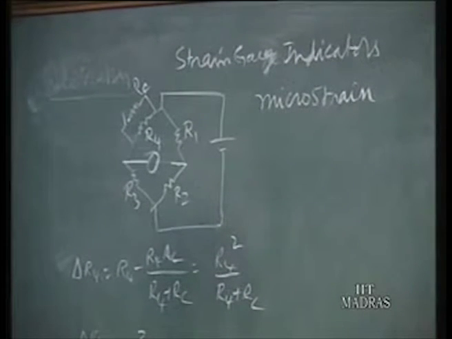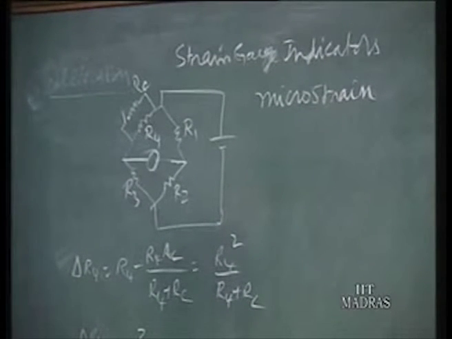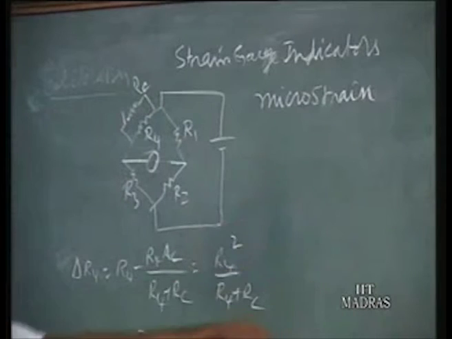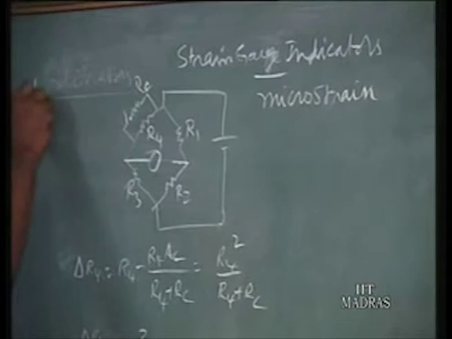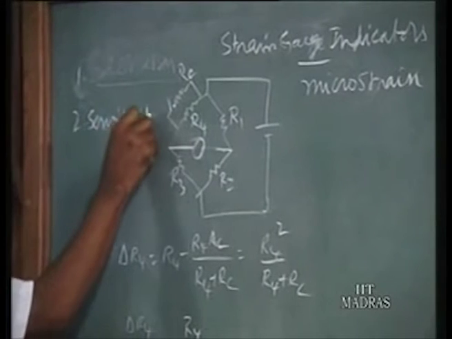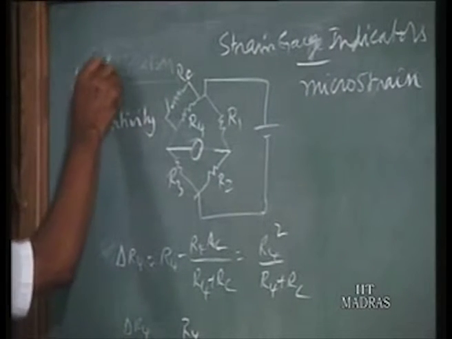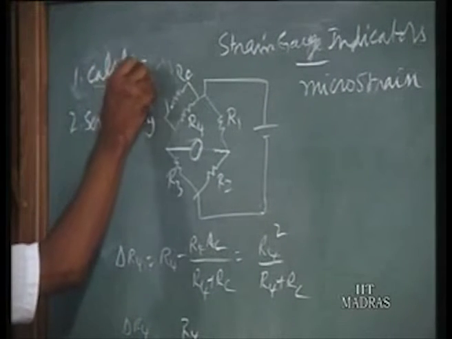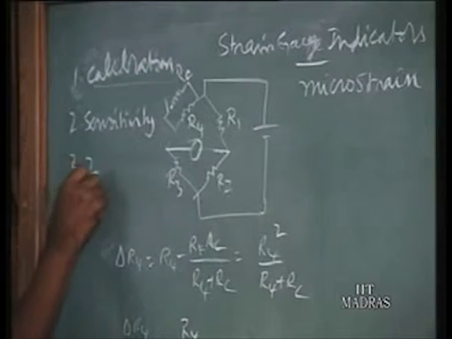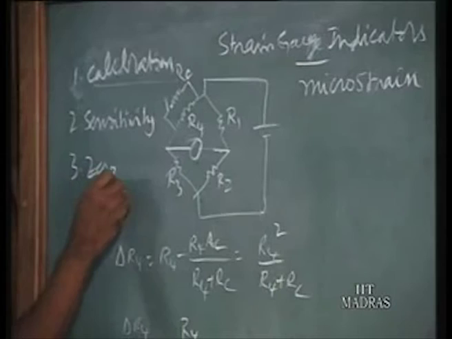Such strain gauge meters or indicators are available in the market, but there are a few knobs there. One is calibration, second is sensitivity, and zero adjustment.